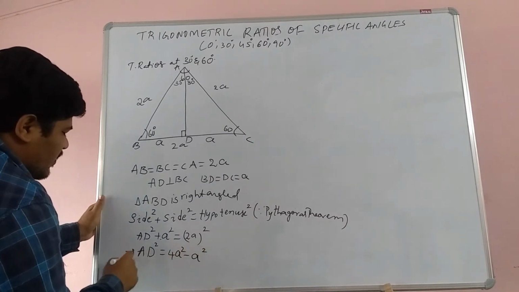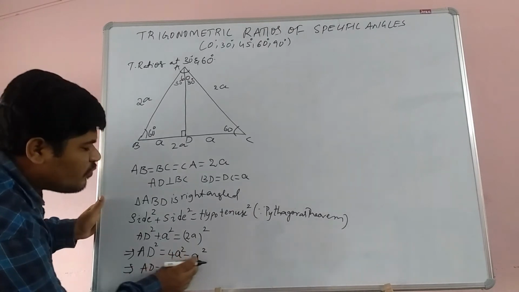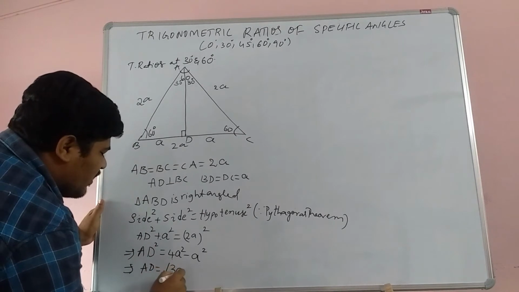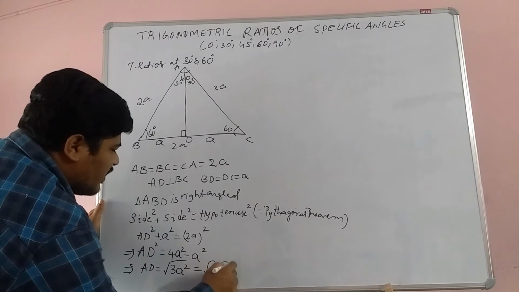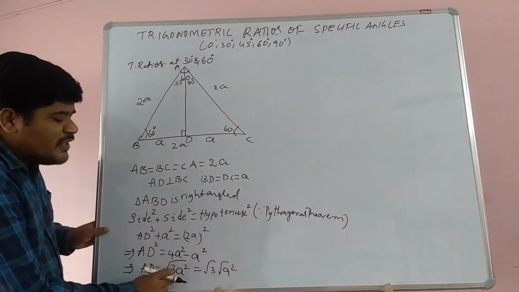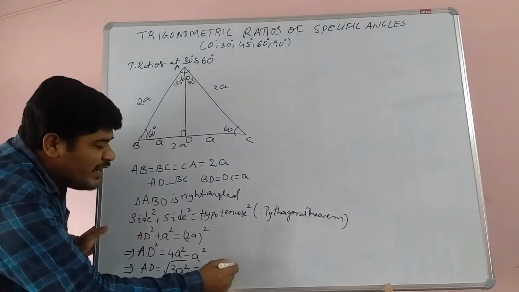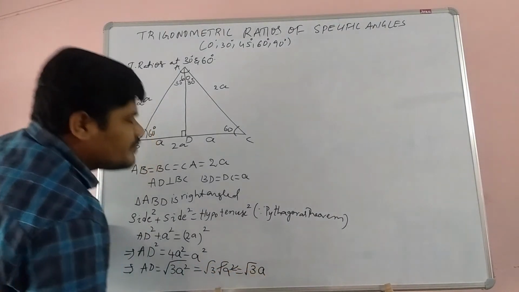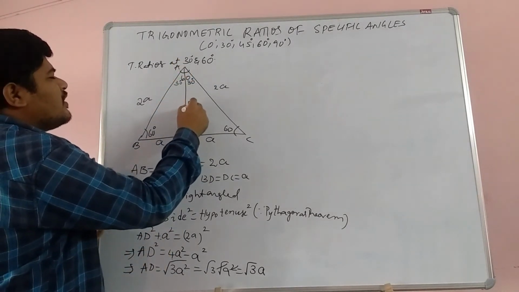Finally AD is equal to under root of 4A square minus A square, which is 3A square. So under root of 3A square can be written as root 3 into root A square, since root of AB can be written as root A into root B. Here the square and square root cancel. Finally what is left? Root 3 A. So this is AD, root 3 A.